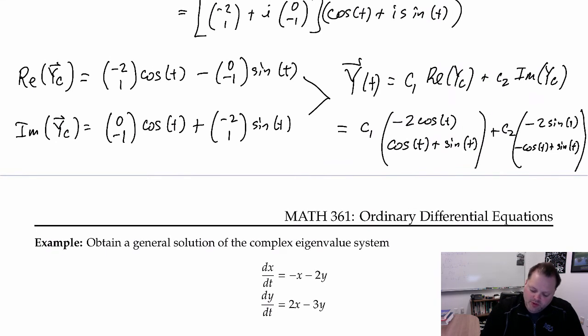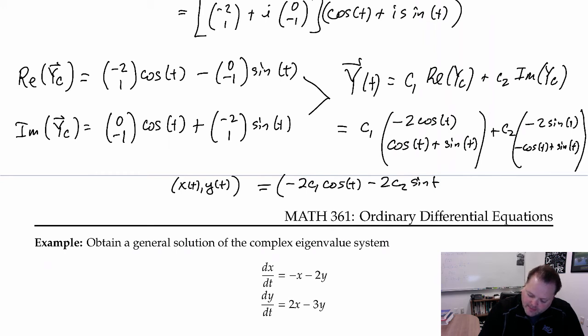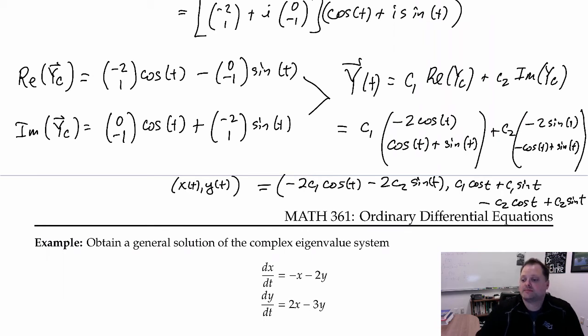But I actually find for most people it's better to write it in terms of the x and y coordinates. The x coordinate is the top component, which is -2c1 cosine, minus 2c2 sine. And then the y coordinate, if you look across the bottom here, is c1 cosine plus c1 sine minus c2 cosine plus c2 sine.